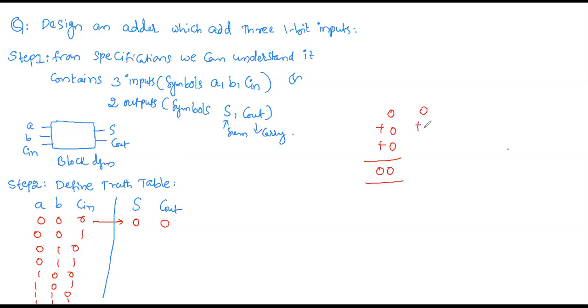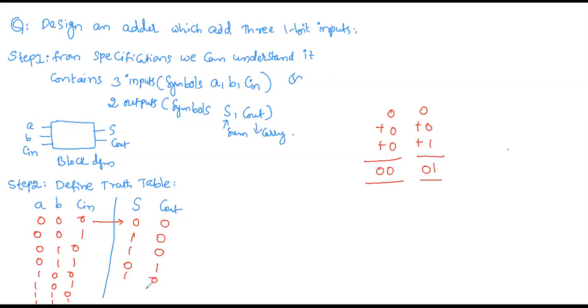Next, 0 plus 0 plus 1 gives sum 1, carry 0. Here also sum 1, carry 0. Here 1 plus 1 means carry 1, sum 0.